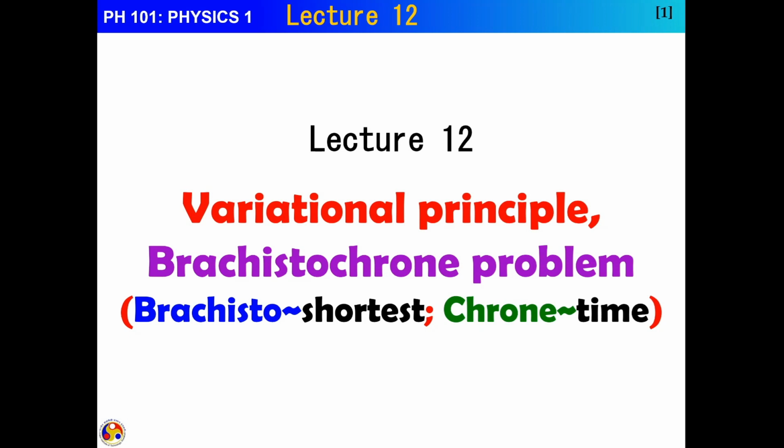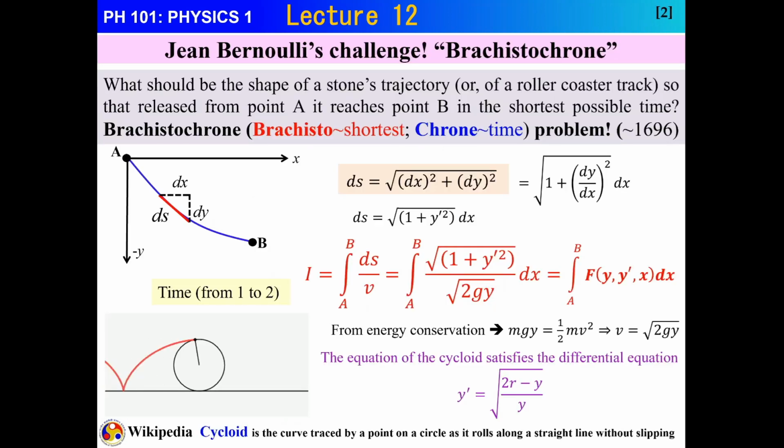What we saw yesterday is Bernoulli's challenge, called the brachistochrone problem, where we raise the question of the shape of the stone's trajectory or the roller coaster track.